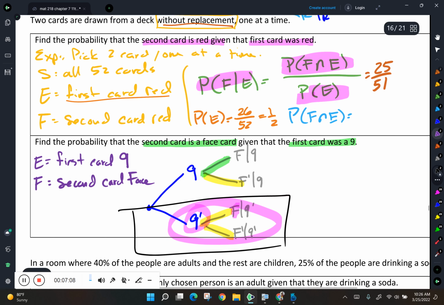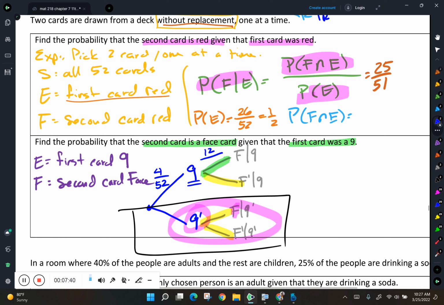All right, let's look at the branches here. This first branch that I care about, getting a 9, is going to be 4 out of 52, because there are 4 9s in the deck and 52 cards in the deck. I know that reduces, I'm just not going to do it. Now I'm going to move on to that green branch, the one I actually care about. Given that the first card was a 9, I know that all 12 face cards are still in the deck.